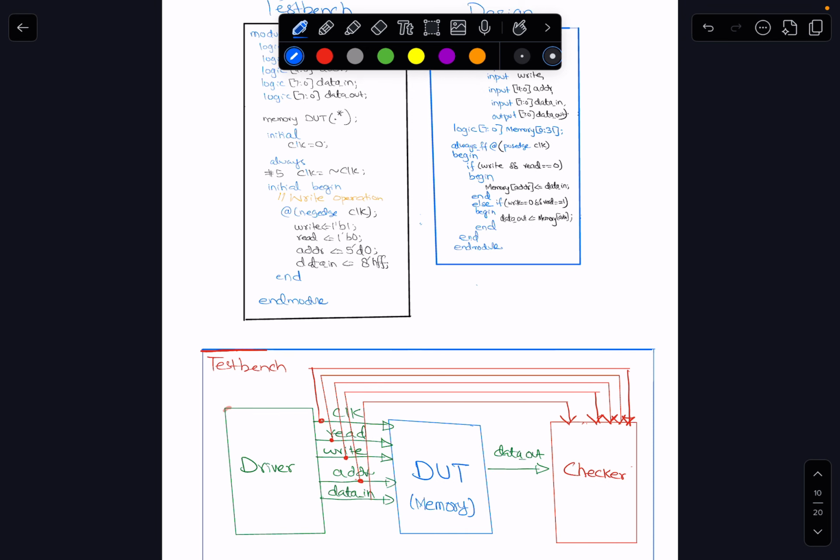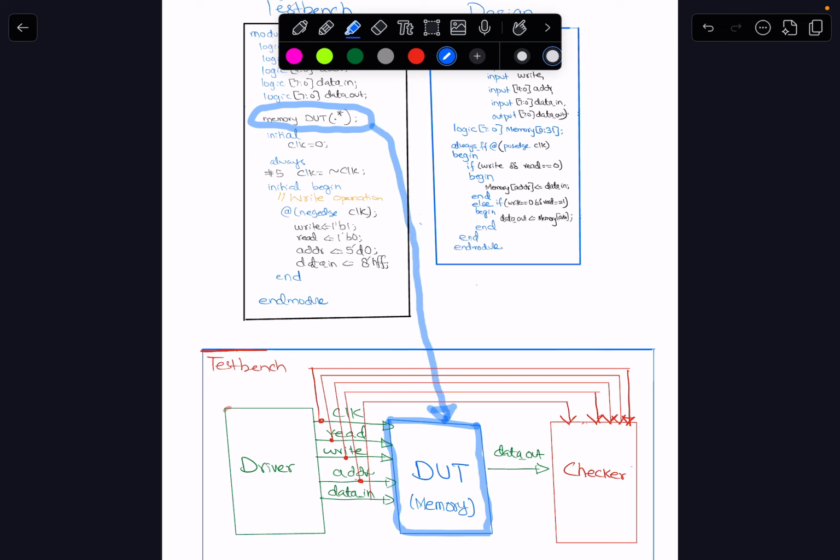Basically we have the DUT over here, this one, where you are instantiating it.